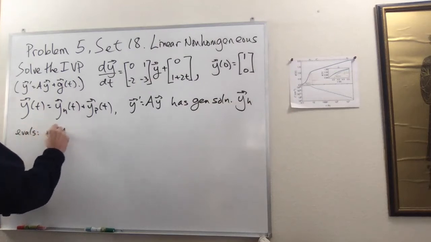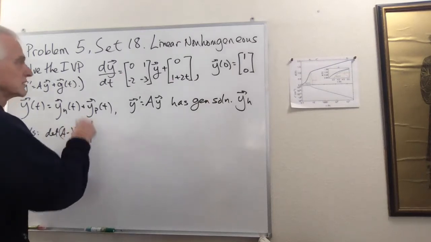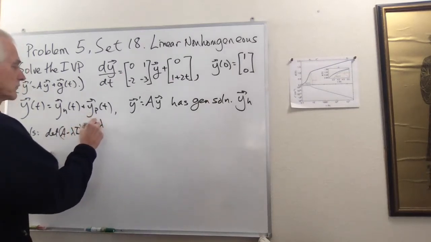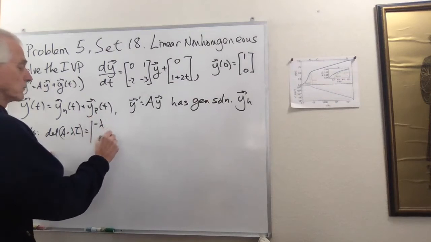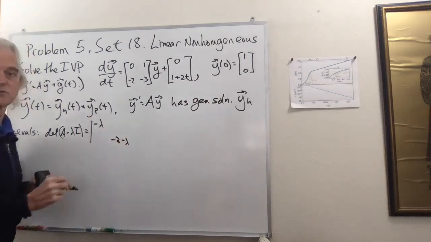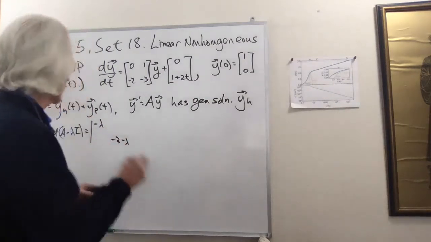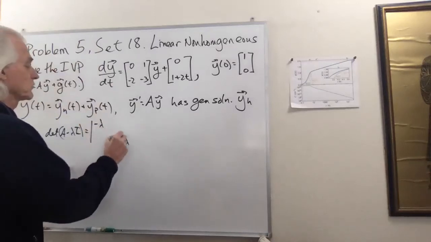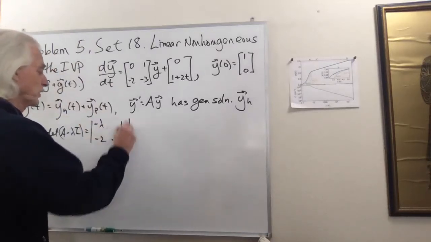Determinant of A minus lambda I is that thing for the determinant, minus lambda, minus 3 minus lambda. So I subtracted lambda from the diagonal entries, and I leave the other ones put.